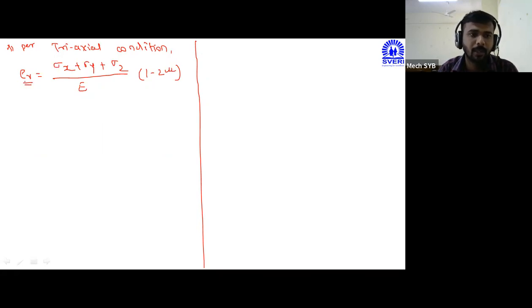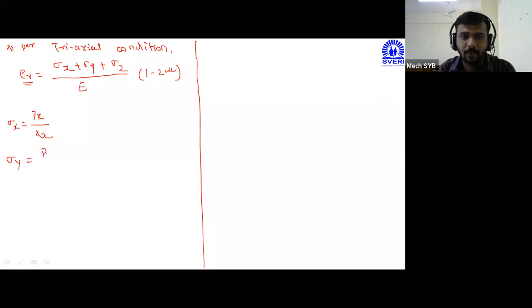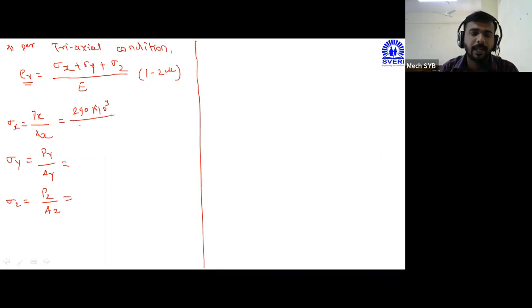But again, to calculate the EV we have to calculate the values of sigma x, sigma y, and sigma z. So one by one, sigma x is equal to px upon ax, sigma y is equal to py upon ay, and sigma z is equal to pz upon az. Okay, so px 290 into 10 raised to 3 divided by area.